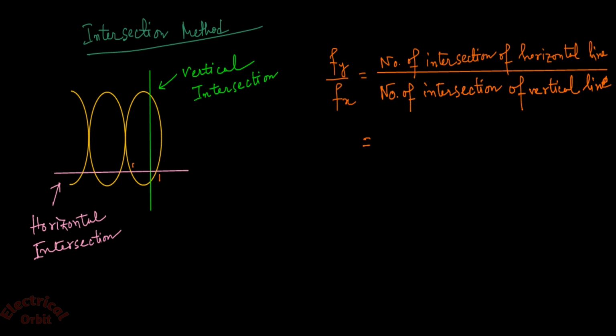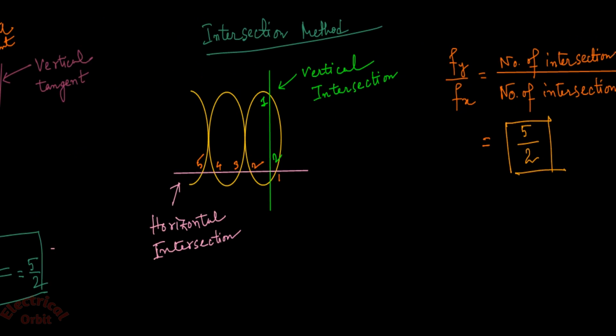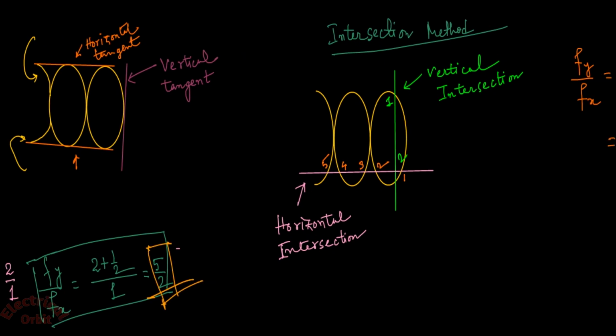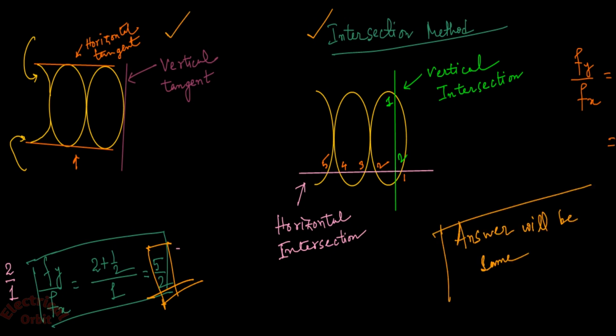It is 1, 2, 3, 4 and 5. And how many times is the vertical line intersecting the curve? It is 1 and 2. So we can write 5 divided by 2, the same value we obtained in the tangency method. Whether you use the intersection method or the tangency method, your answer will be the same. It is up to you which method you adopt to find these frequencies.